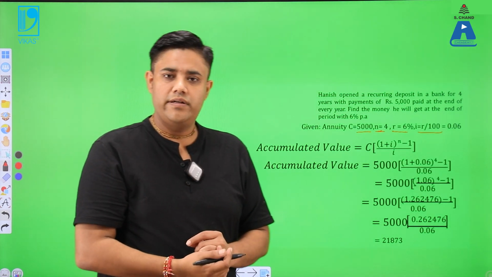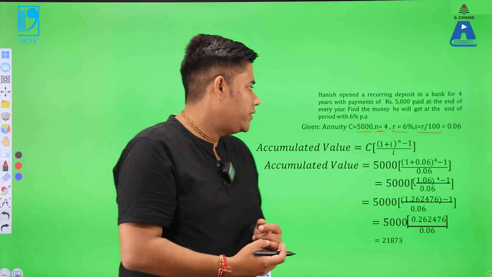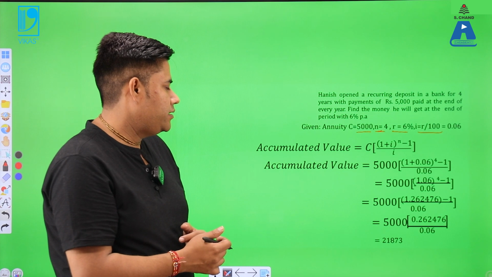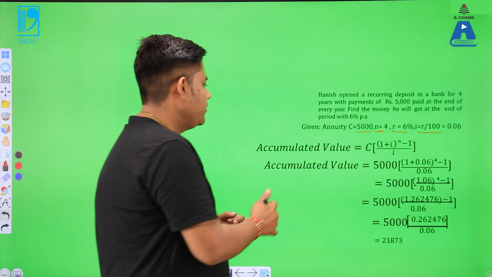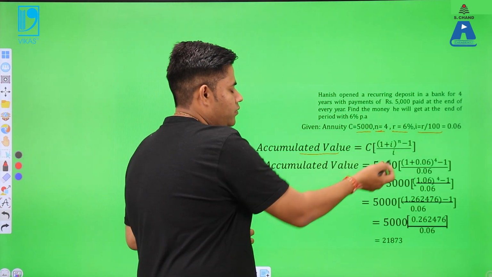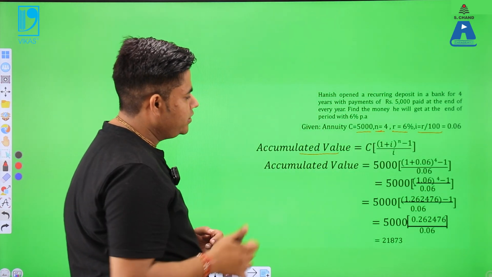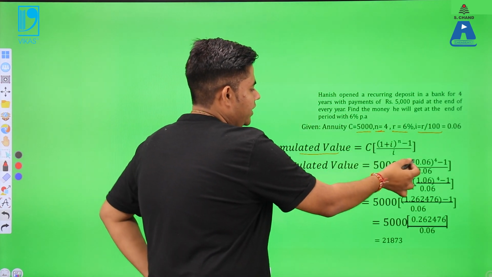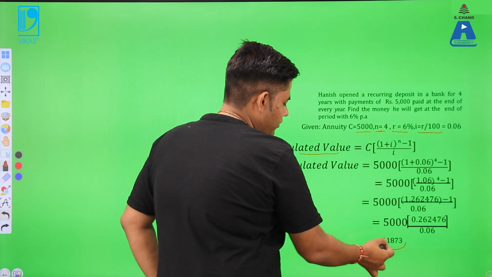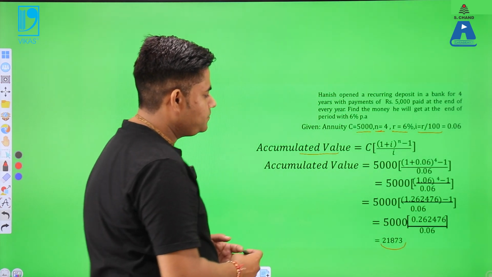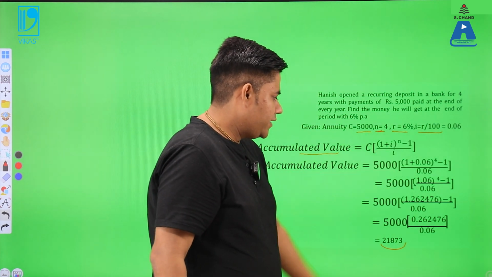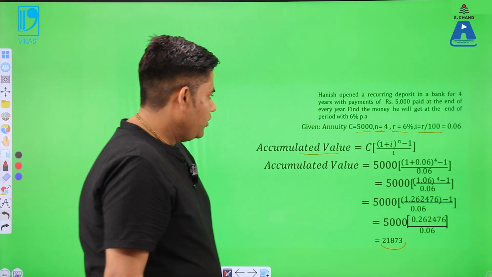So i is rate of interest divided by 100. That means you have rate as 6 divided by 100, so it will lead to 0.06. So you have the accumulated value which is C times 1 plus i raised to the power n minus 1 over i. So i value is 0.06, so you need to substitute that i here. So 1.06 raised to the power 4 minus 1. On solving, you will get this value, which is 21873. So calculator is allowed. Generally, you can do the specific set of calculations and go with the results.